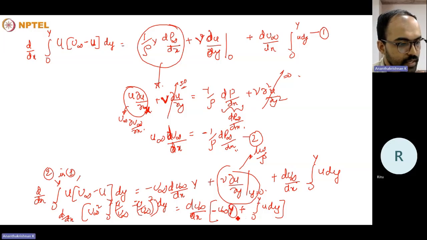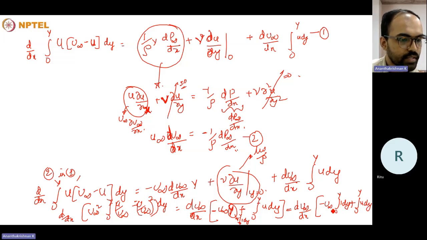That's a manipulation that we do. So effectively the right hand side will become du infinity by dx into minus u infinity integral 0 to y 1 dy plus integral 0 to y u dy. So what we do is we take u infinity outside on the right hand side.